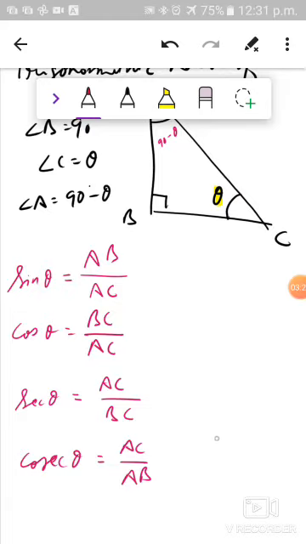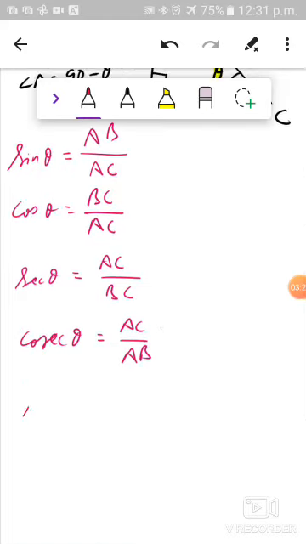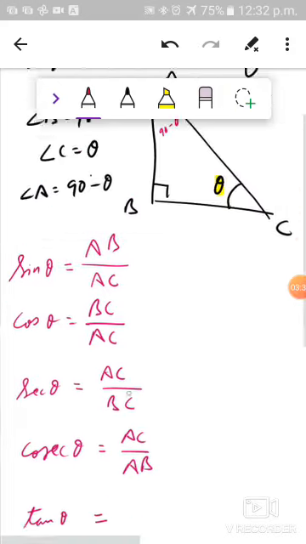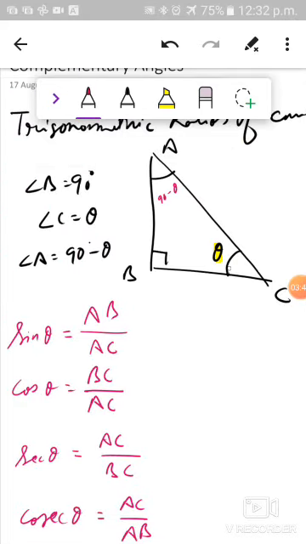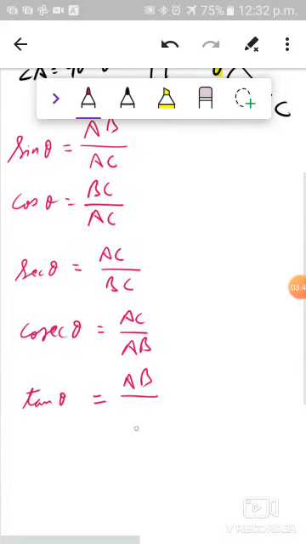Then I can write tan theta, that is perpendicular upon base, means the side opposite to theta, that is AB, upon the side adjacent to theta, that is BC. And cot theta is the reciprocal of tan theta, that is BC by AB.